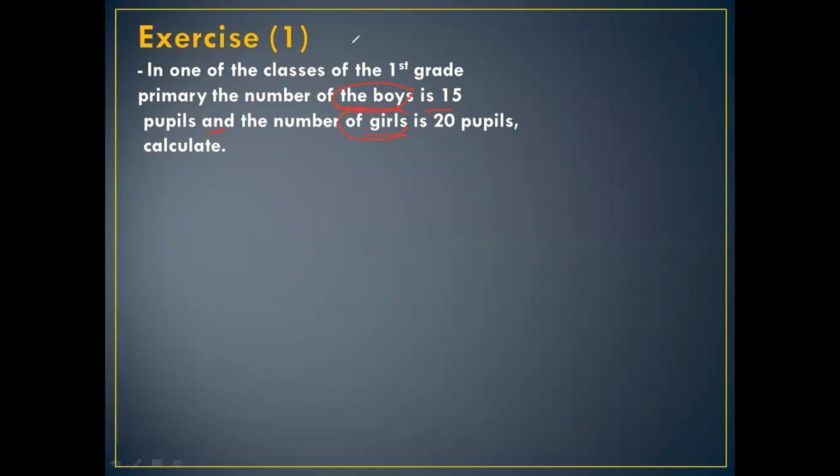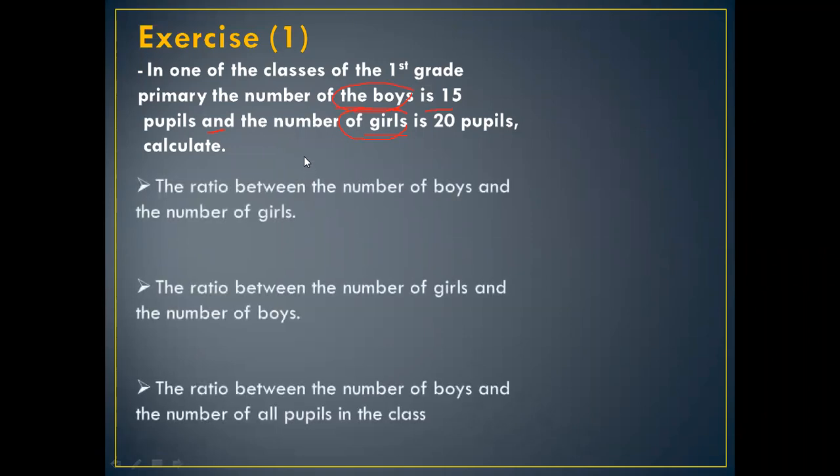So how can we write this in a ratio? We need the questions. The first question asks you for the ratio between the number of boys and the number of girls.